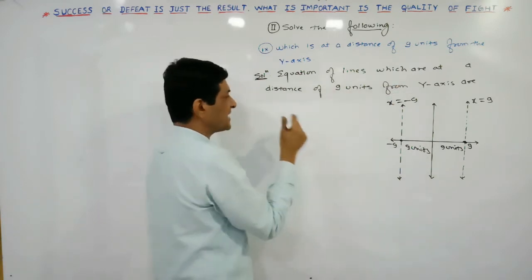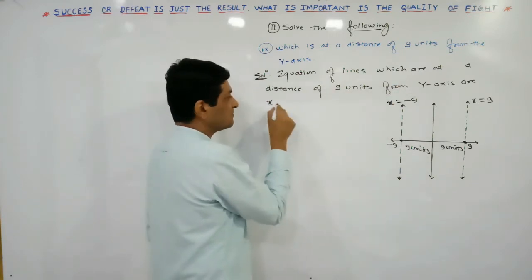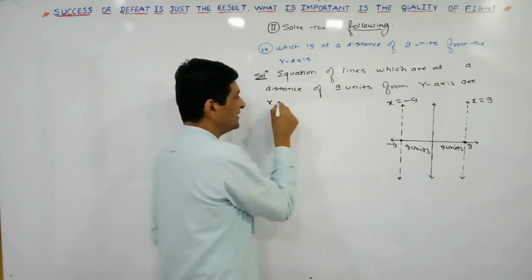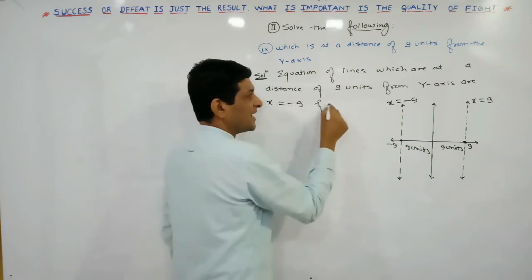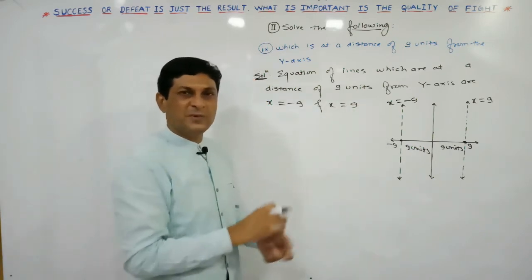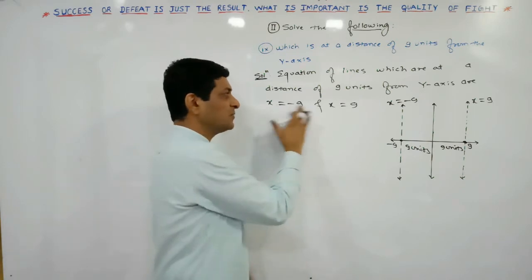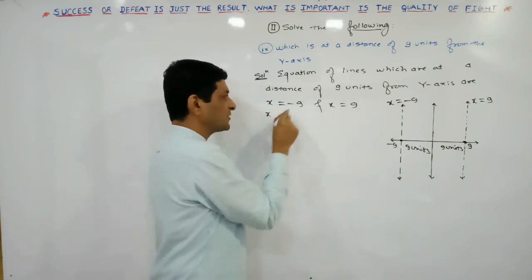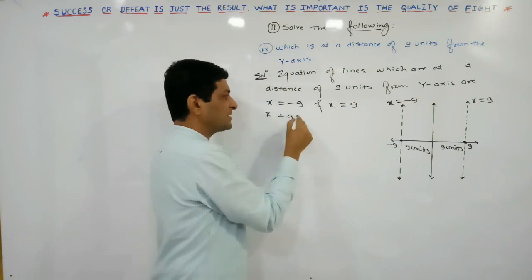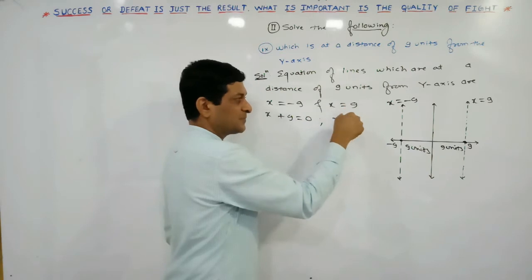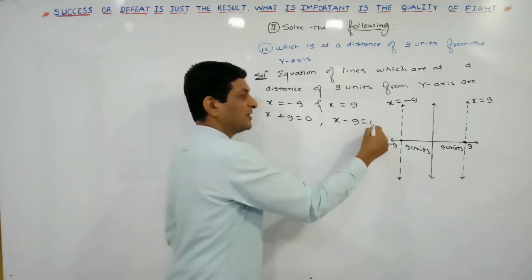So what we have written here, equation of lines which are at a distance 9 unit from y-axis are x minus 9 is equals to 0, or x is equals to -9, and second line is x is equals to 9. Equations are known to us. Try to convert this equation in the form of u is equal to 0 and v is equals to 0, means right hand side should be 0, so -9 on this side will become +9, on this side remaining term is 0, and this equation can be written as x plus 9 is equal to 0.